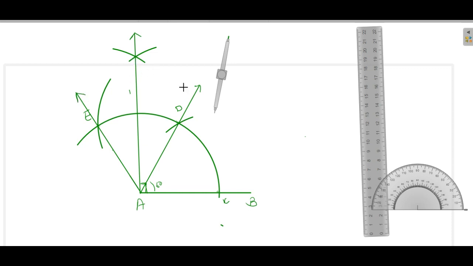Now if we bisect these two angles, that is 60 degrees and 90 degrees, we will get 75 degrees. Let us take the compass, let us not change the radius again, let us place the metal pointer at D and draw an arc.